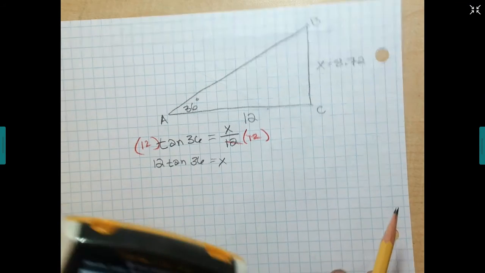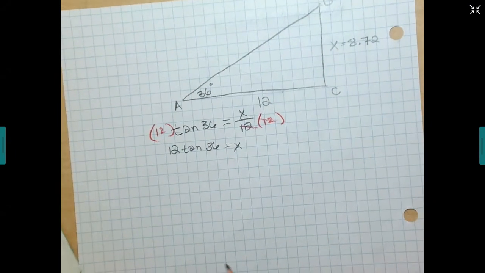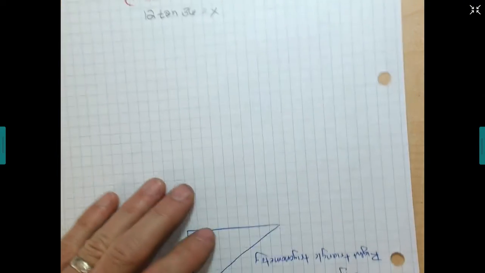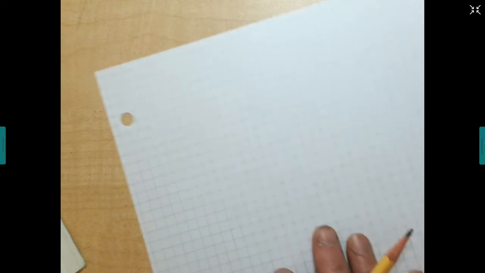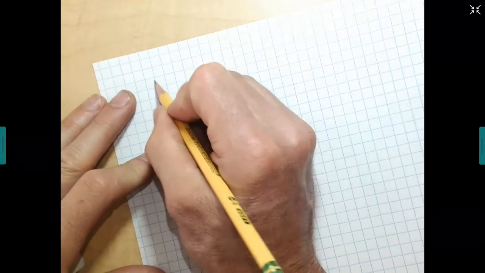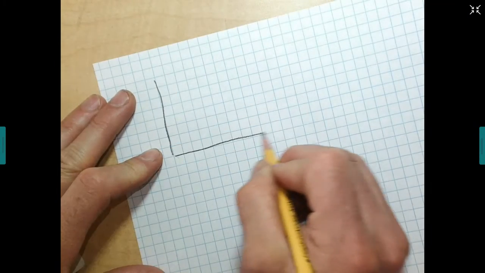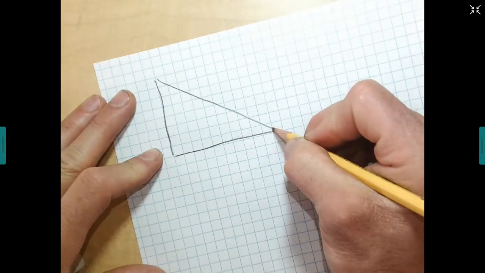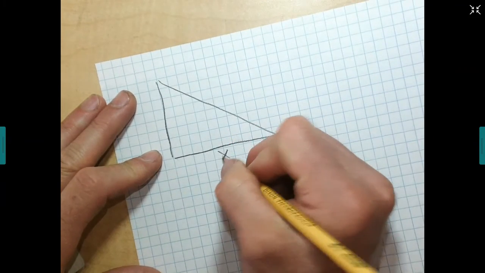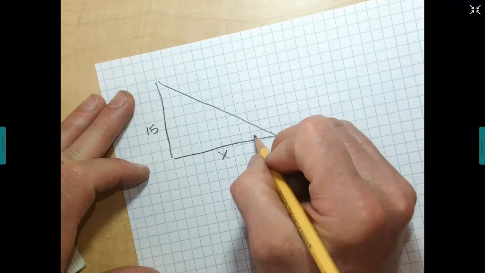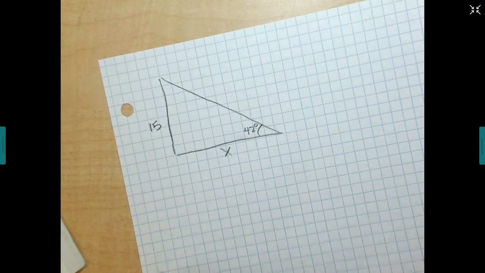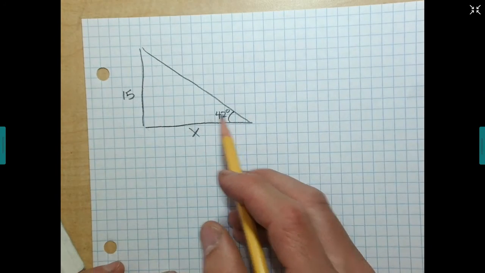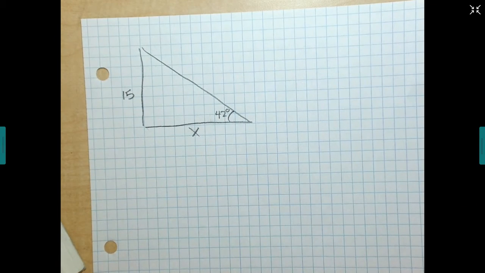All right, let's do one more. Let's say we have x, 15, and 42 degrees. Well, if we're starting at this angle, it looks like we're doing opposite over adjacent again.